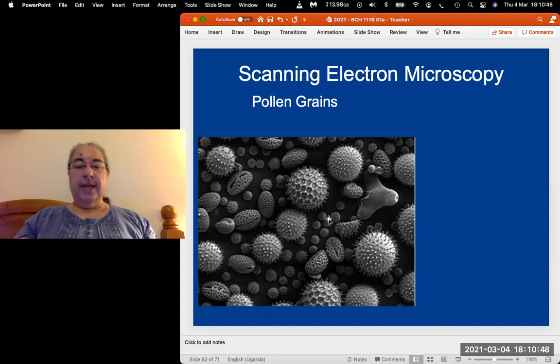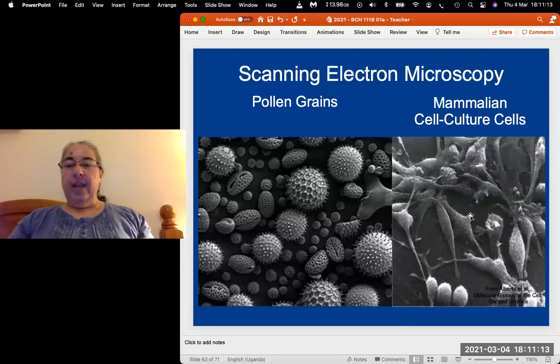So some tiny little grains here, some bigger ones. This looks like sort of a honeycomb structure on the outside. Here is a structure with a sort of slit down it, each one from different plants different, and you can see beautifully the detail using scanning electron microscopy.